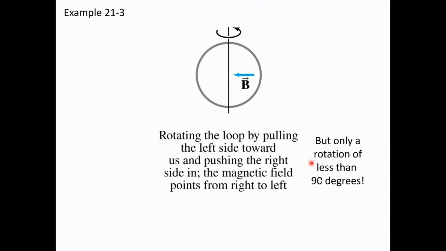So figure out which way the current goes with only a rotation of less than 90 degrees. And then this is the list of things that I have left to talk about in the remaining 14 minutes. It's a lot of stuff. But let's go through it. This is the stuff that's relevant to the homework. These are the subjects. That's why I picked them. I looked at what's in the homework.